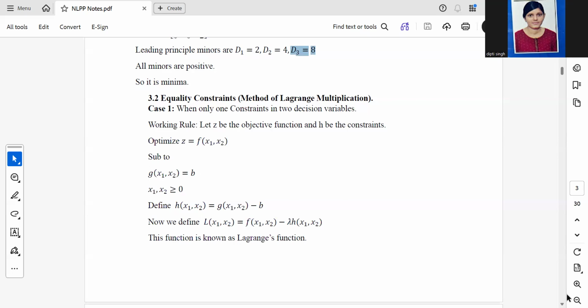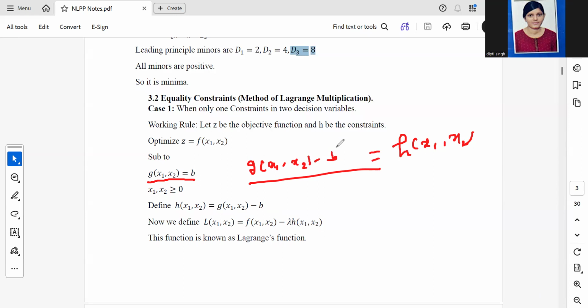Firstly, we define a different function. Always write the constraint in the form equal to 0, that is g of x1, x2 minus b, and we call this function h. You know b is a constant, so we can write it like this: h of x1, x2 equals g of x1, x2 minus b. Now we define the Lagrangian function, for which we need a Lagrangian multiplier.